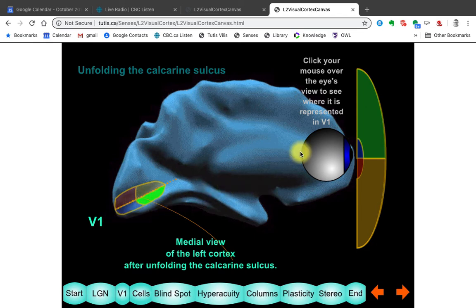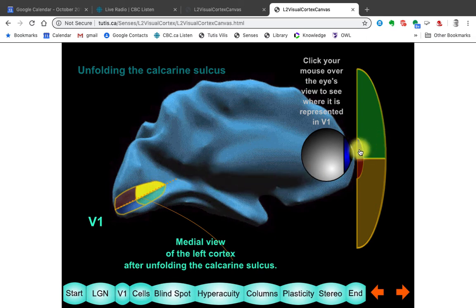The other thing you'll note is that this is the peripheral retina, and so what's lighting up here is towards the front, the part of V1 that's towards the front of the brain. If, on the other hand, we put a light here, we see the same thing, but now above the calcarine, but again in the front side of the brain.